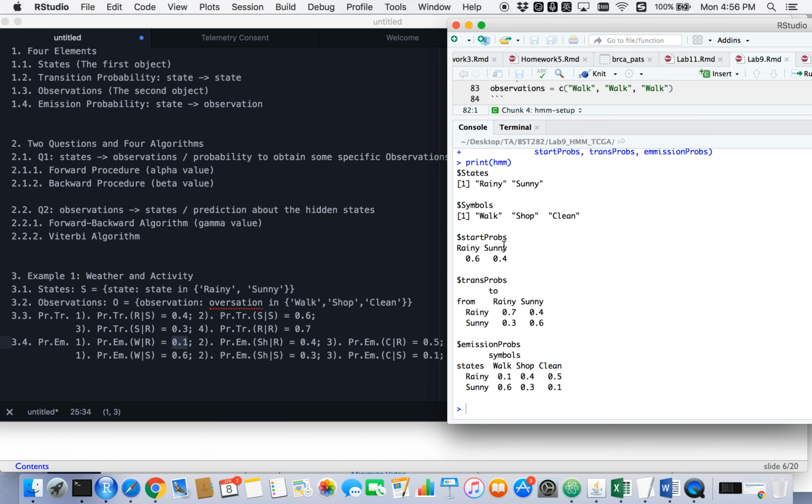Also the start probability, which is the initial probability, is 60% for the first day as raining and 40% for the first day as sunny. Then the transition probability, which is the third element here, and also the emission probability, which is the fourth element here. So exactly the same.